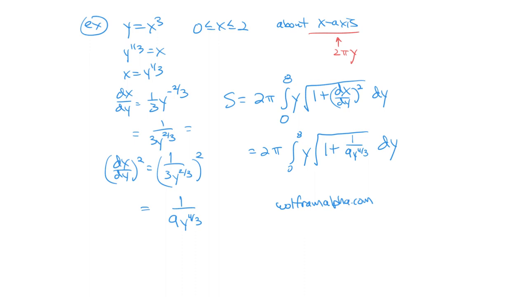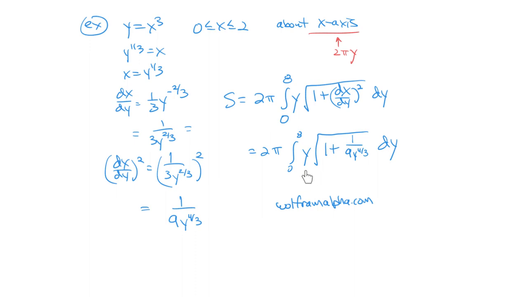It actually does more than just math; it's an interesting site. It allows you to plug in integrals like this, and it will tell you exactly what we got on the first one. It's going to say pi over 27 times 145 times the square root of 145 minus 1.